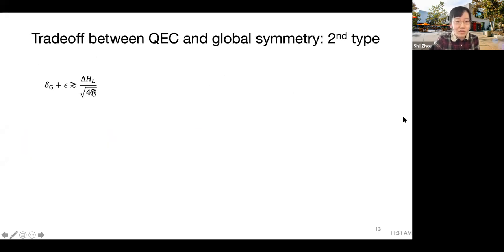Okay, so now we're just going to state our second trade-off relation between QEC and global symmetry. It actually looks quite simpler than the previous one.